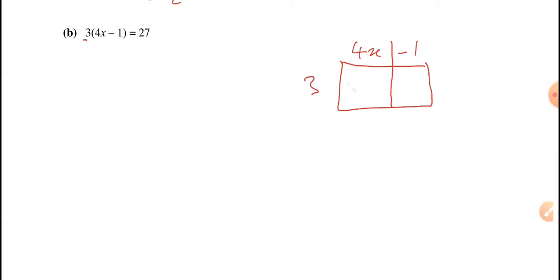So what's 3 times 4x? It's 12x. And what's 3 times minus 1? It's minus 3. So when you expand that, you'll have 12x minus 3 is equal to 27.